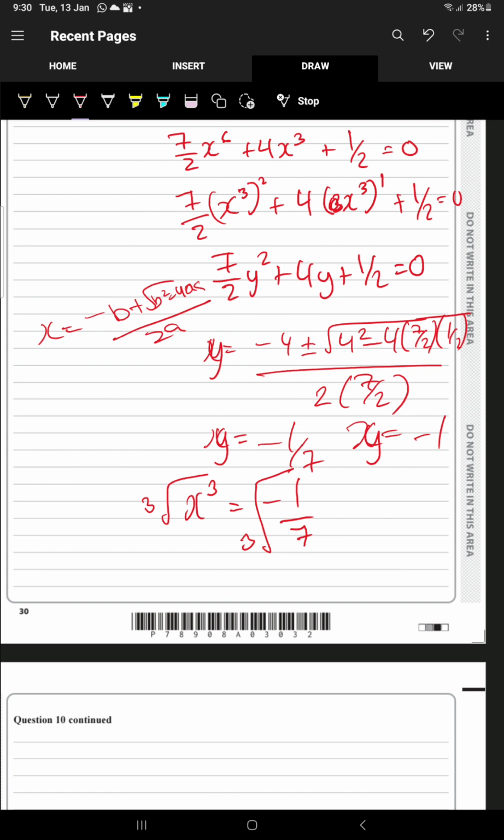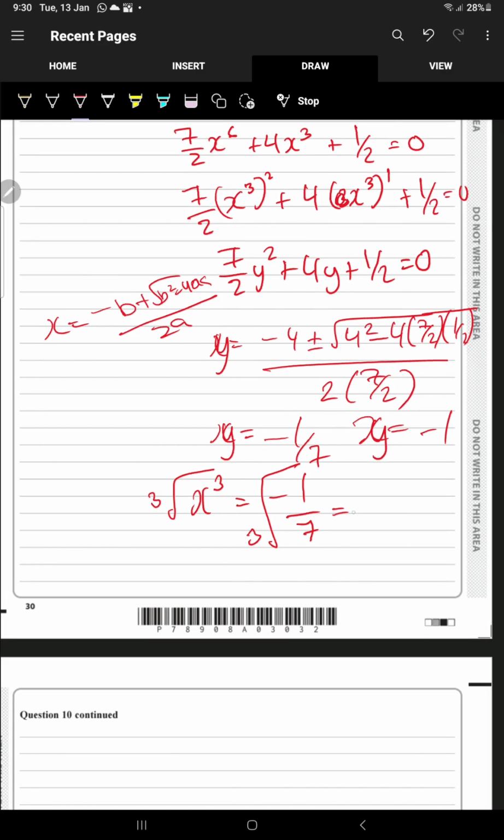You can just leave it as it is, because the answer is going to be a rational number, and x cubed is equal to minus 1.